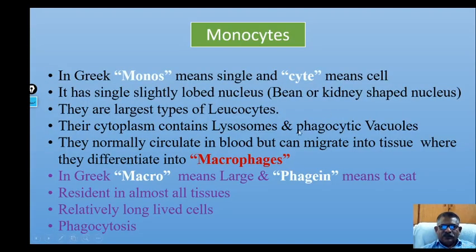They are of two types, monocytes and lymphocytes. Monocytes: in Greek, monos means single and cyte means cell. It has a single lobed nucleus, mostly bean shaped or kidney shaped.